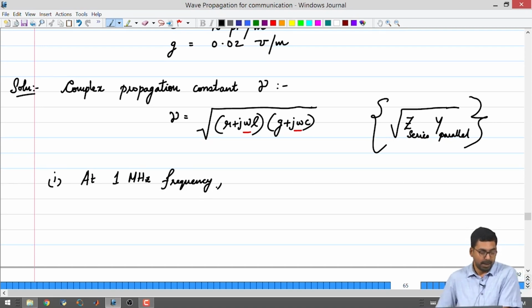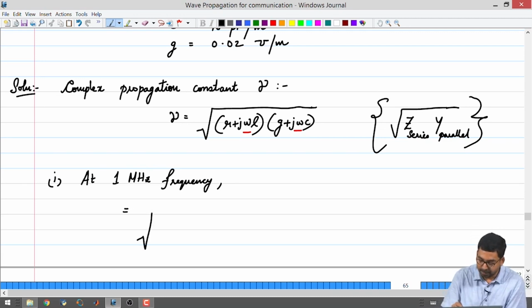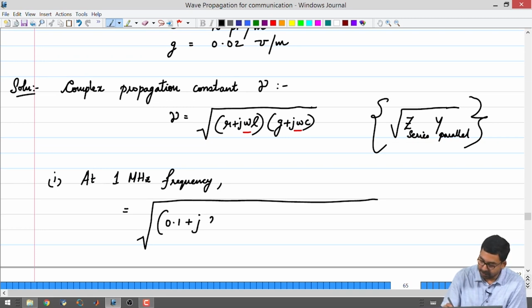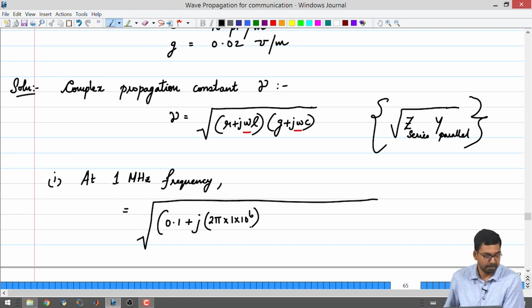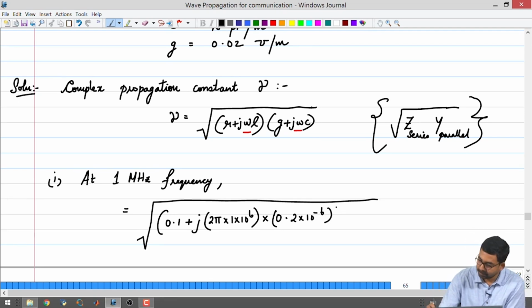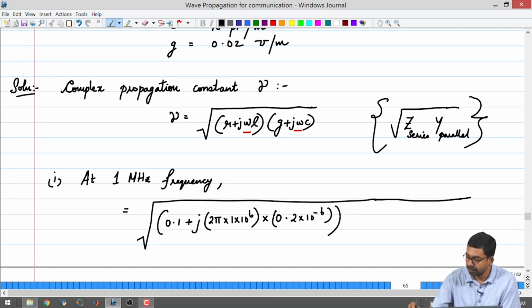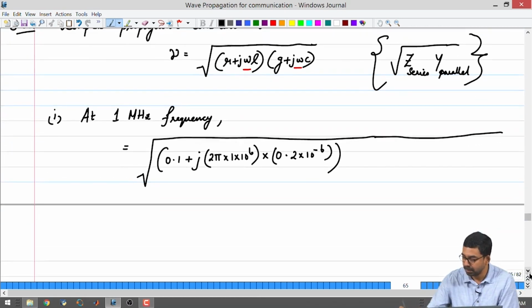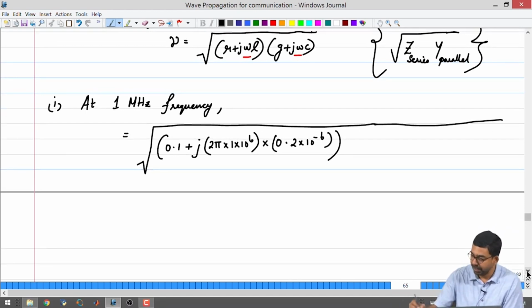At 1 megahertz frequency, I will have the square root of (0.1 plus j omega, where omega is 2 pi into 1 megahertz, multiplied by the value of L. L in this case is 0.2 microhenries per meter), times (G plus j omega C).